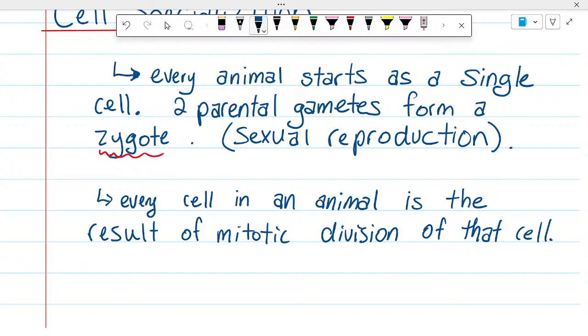And interestingly, as early as that first division, one of those cells is destined to become your skeleton and your spinal cord and your nervous system. And another one is destined to become your muscle and your soft tissues. Already, they are starting to specialize, which is pretty crazy.